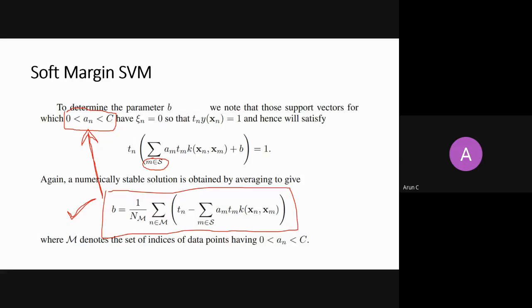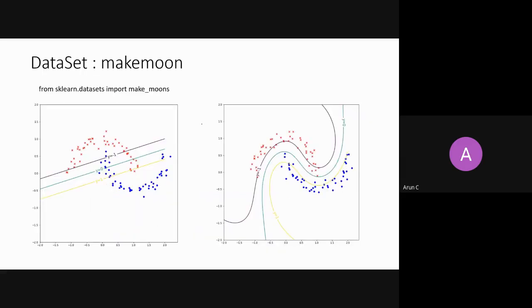That's why I'm not putting too much effort here, because I'm just repeating it for the soft margins. The only thing is what support vectors I should calculate. Whenever I have alpha greater than 0 and less than C, these are the support vectors. As I said, you are ready to accommodate some error. This is the error: the points which are actually in the margin side.